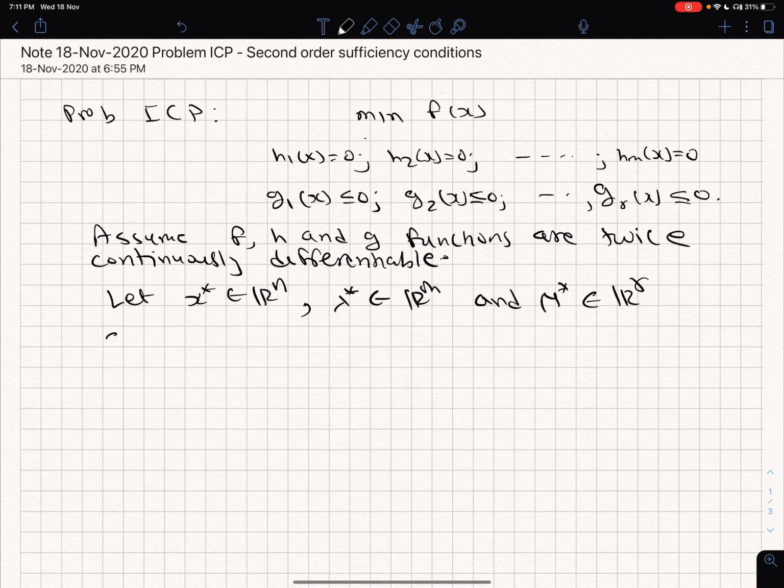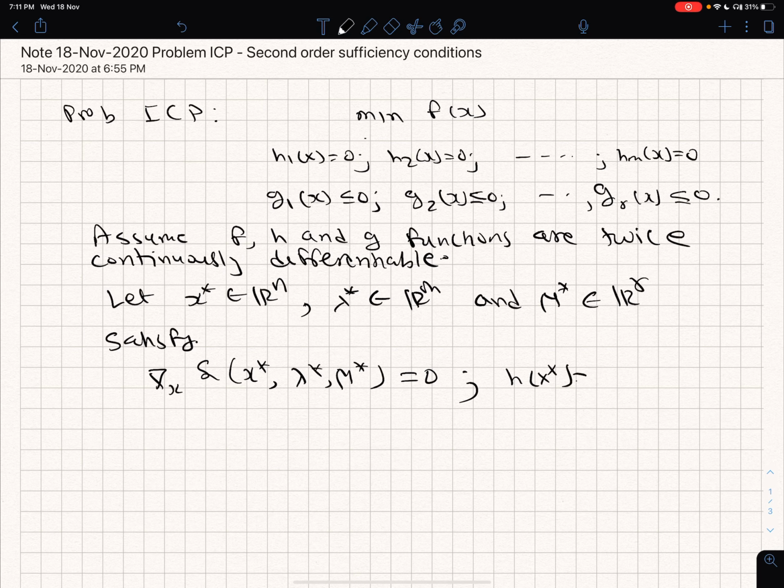They satisfy that, first, they are the stationary point of the Lagrangian function with respect to your x variable. Second, they are feasible points. So g of x star has to be less than or equal to 0, h of x star has to be equal to 0, and Lagrangian multipliers.